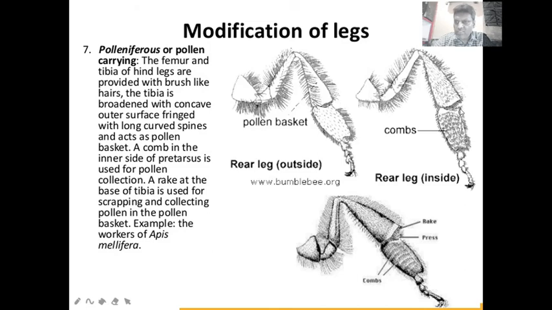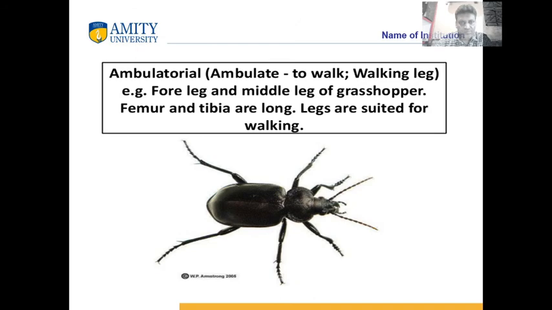This gap is called the pollen basket, where many pollens are collected. They can bring pollen from different locations, and the hairs help the honeybee to collect pollen in the basket. The example is Apis mellifera, or honeybees. You can see the photographs.